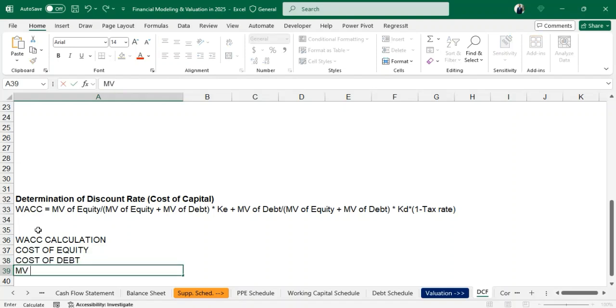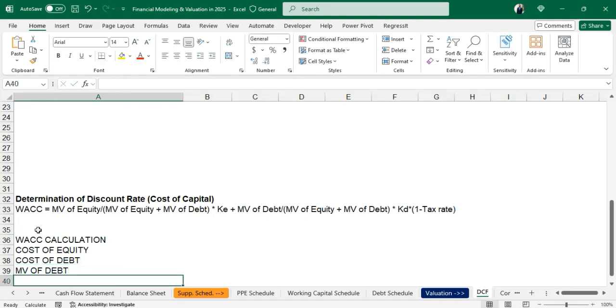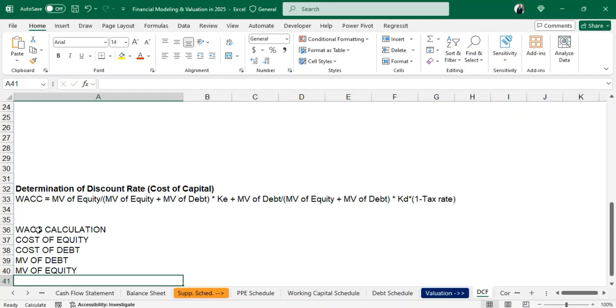We'll have the market value of debt as well as the market value of equity. Okay, so we have that. Now, in order to calculate the market value of equity, we need the price per share of our equity and the total number of shares outstanding in the business.